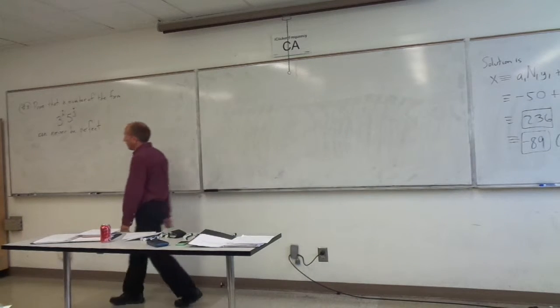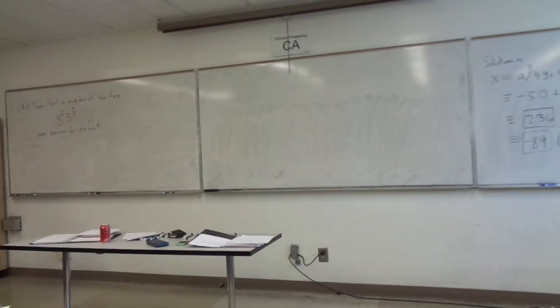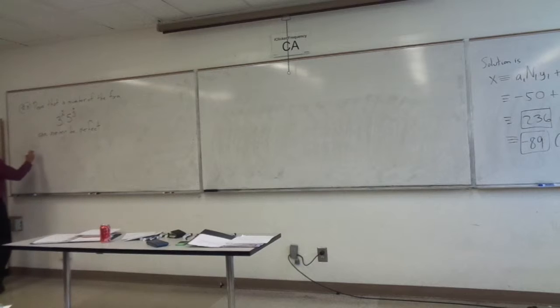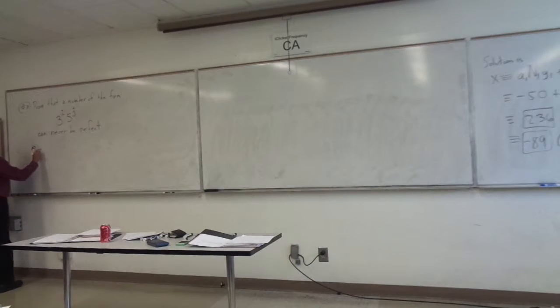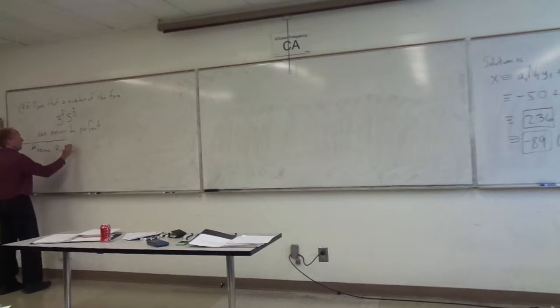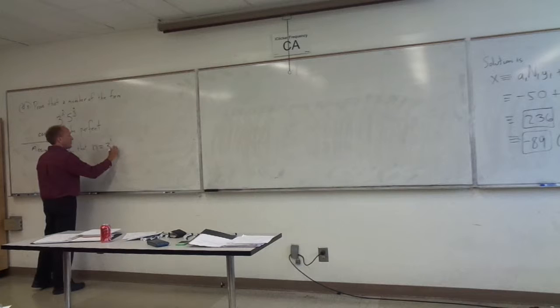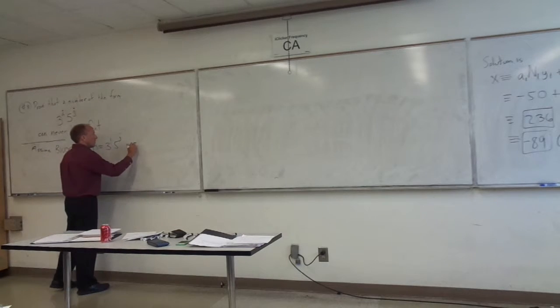So, how would you suggest we approach a proof like that? By contradiction, why not? Okay, so assume by way of contradiction that n, which is equal to 3 to the i times 5 to the j, is perfect.